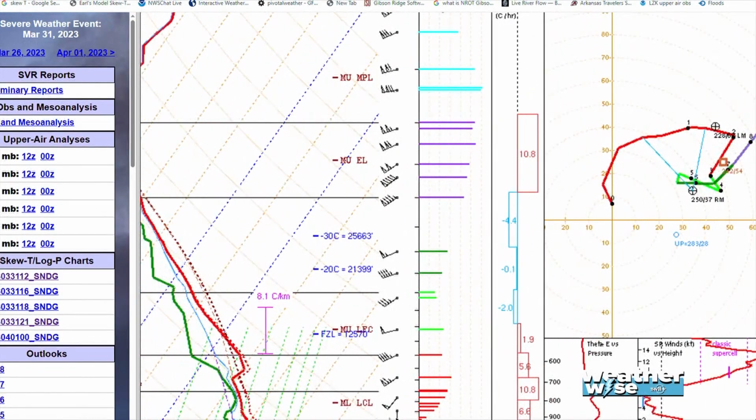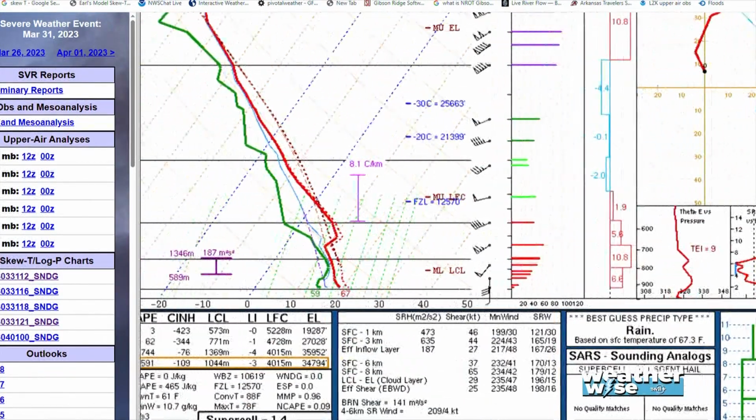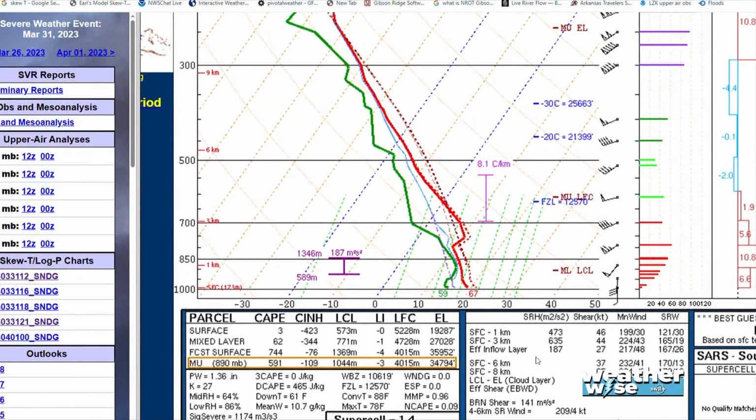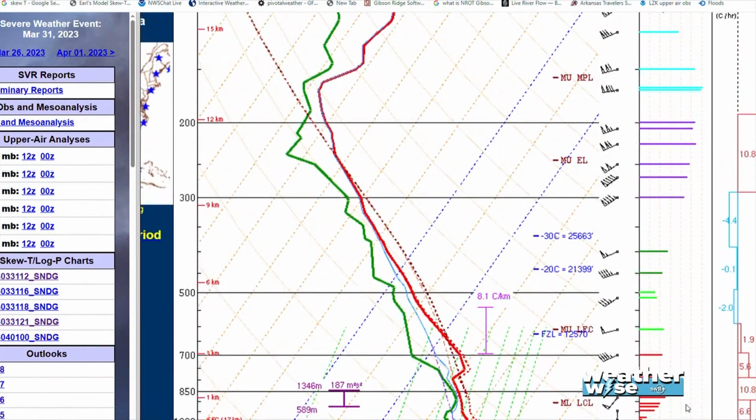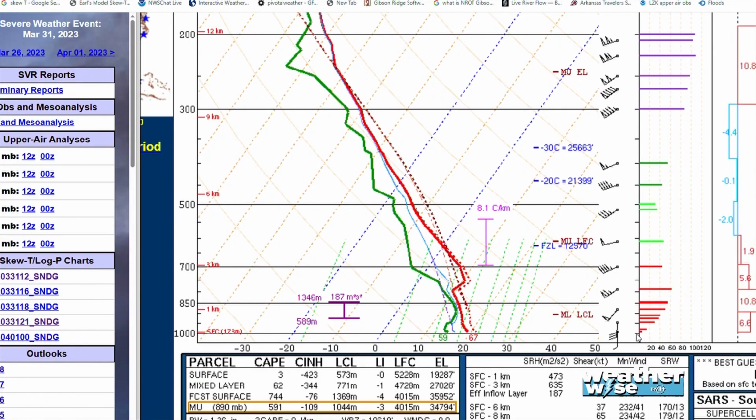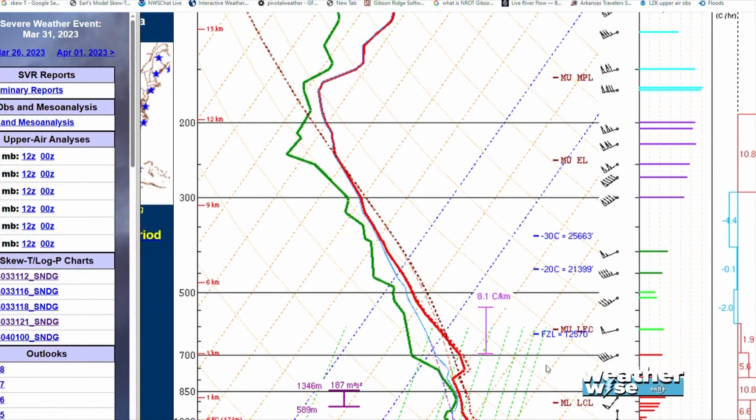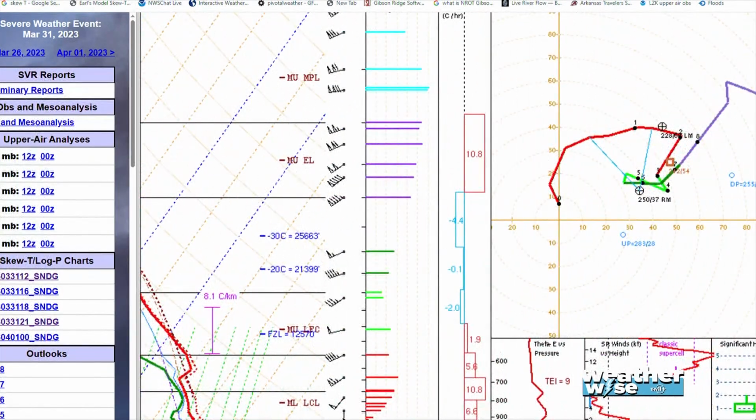The winds greatly increased. We had a 50-knot wind on this day that was just about 3,000 feet above the ground. And then those winds continued to increase. So the winds from the surface went from the south and then turned over to the southwest and eventually the west as you got higher and higher into the sky.